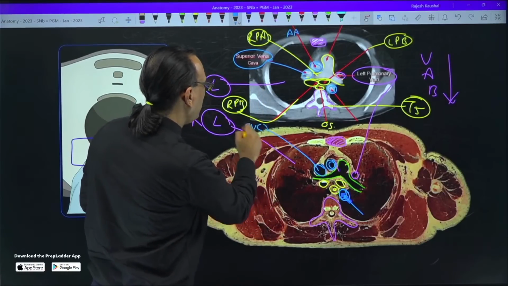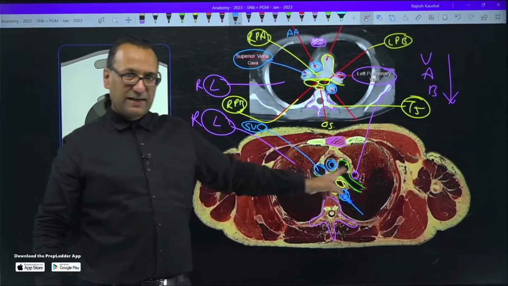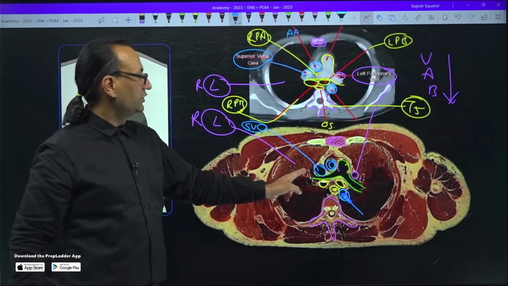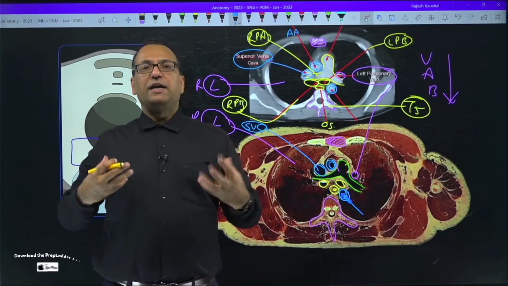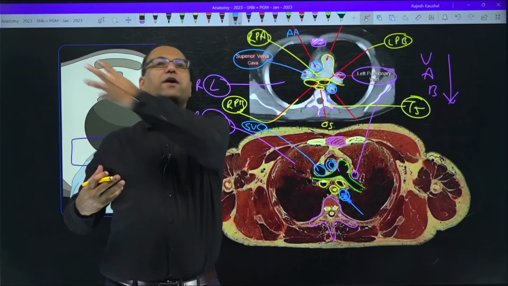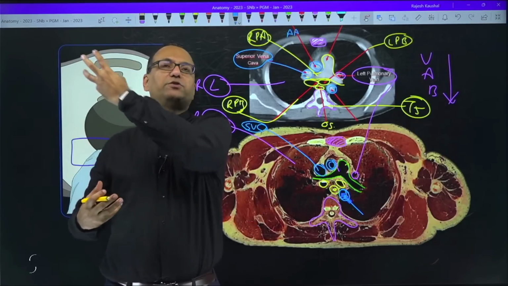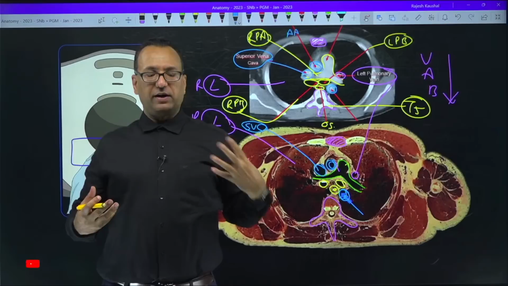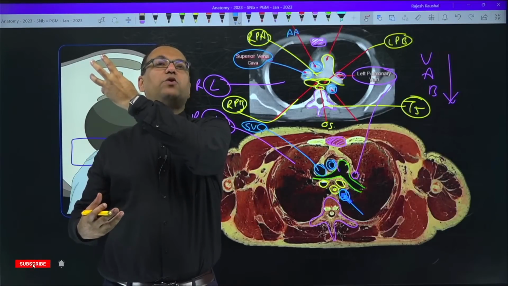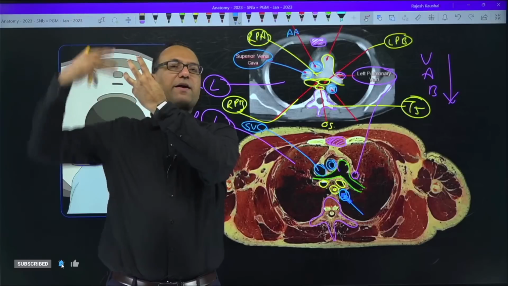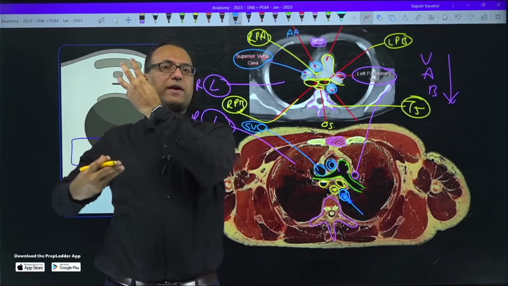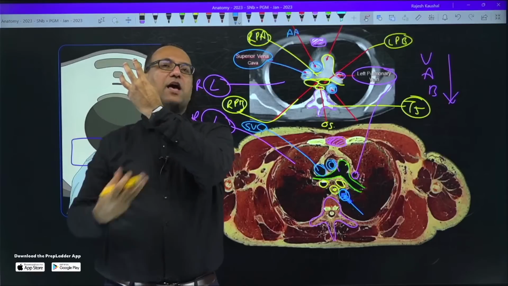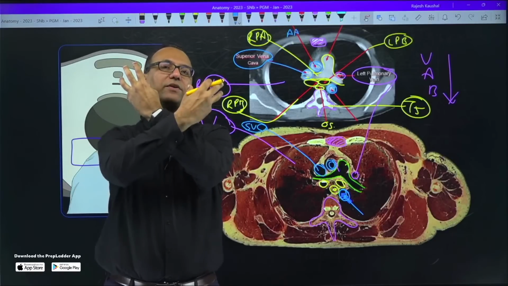Now, how do you know the three vessel arrangement is like this? First of all, the left ventricle sends the ascending aorta like this, which gets sandwiched between two vessels. A vessel which is coming here, superior vena cava to the right, and a vessel which is coming here from the right ventricle, that is pulmonary trunk to the left.